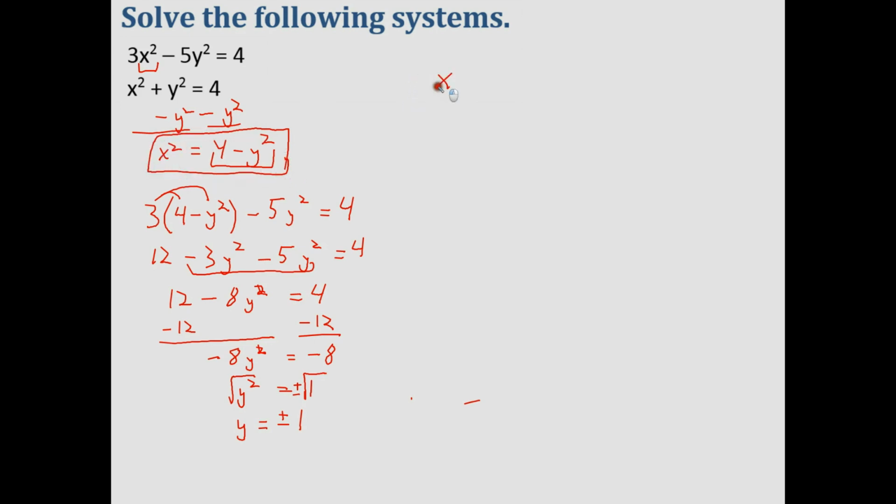So we have x squared equals 4 minus 1 squared. And that's plugging in the positive part. And then we're going to do x squared equals 4 minus negative 1 squared.